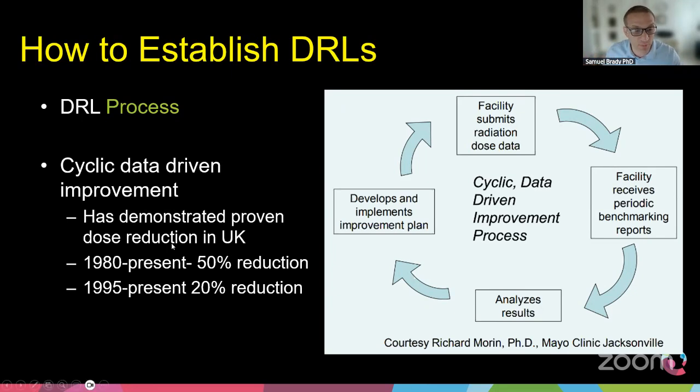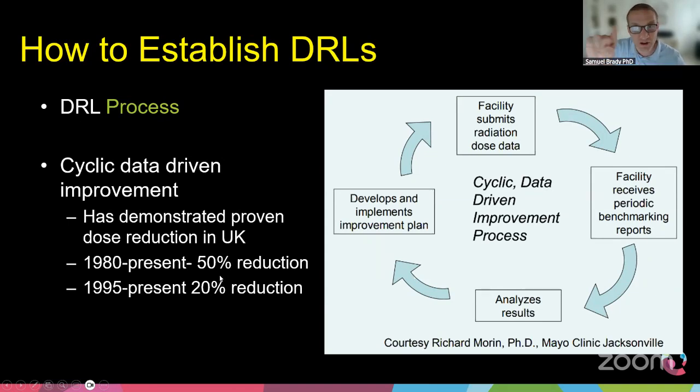I'll give you an example from the United Kingdom, who have been using DRLs for a very long time. They're probably one of the first countries in the world that instituted this idea of collecting national dose data and tracking and using it for quality control. All the way back in the 1980s, they started this process. And they found that after this cyclical process, they were able to reduce national doses by 50%.